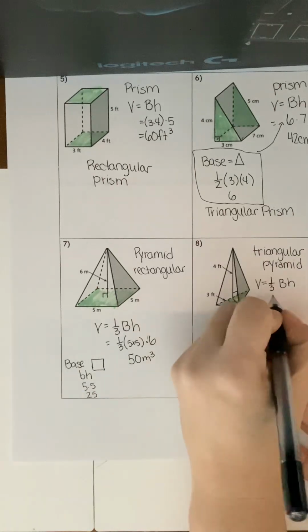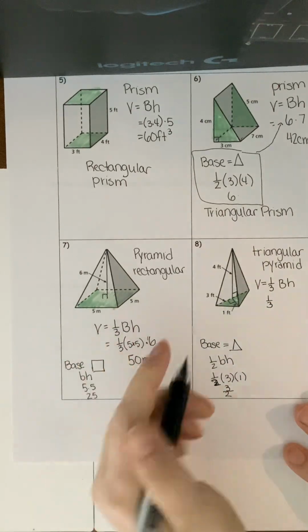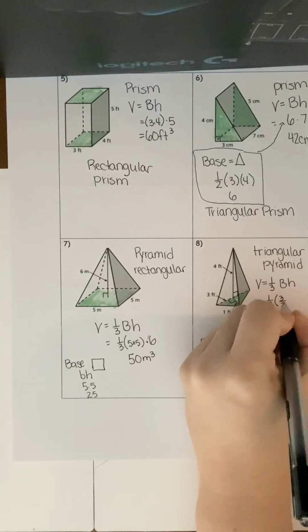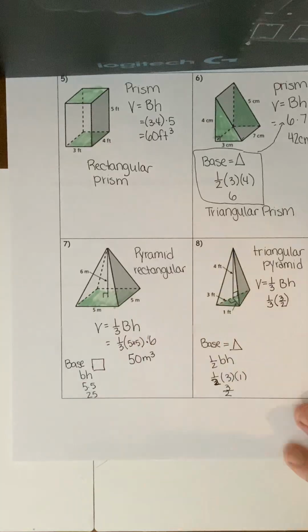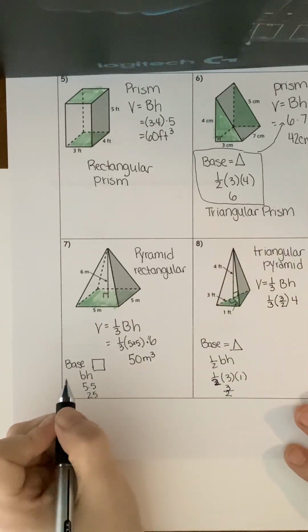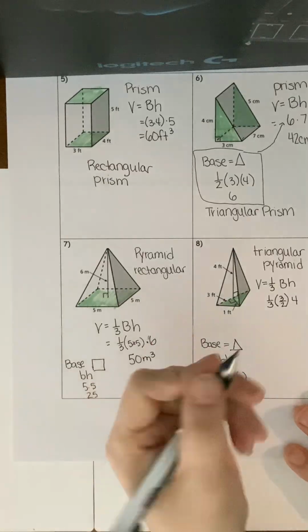Now we're going to do 1/3 up here. Our base area we already found was 3/2, and our height is 4. All right, so we get, and we can figure this out.